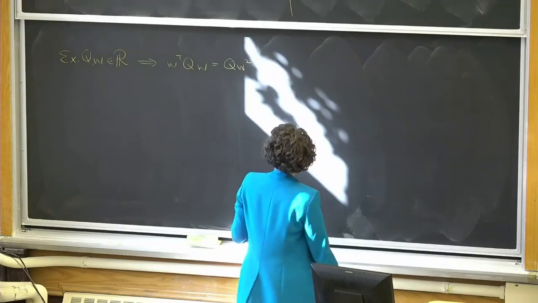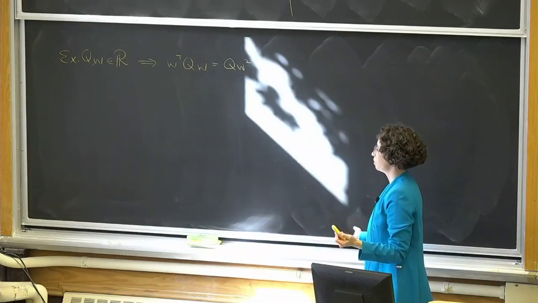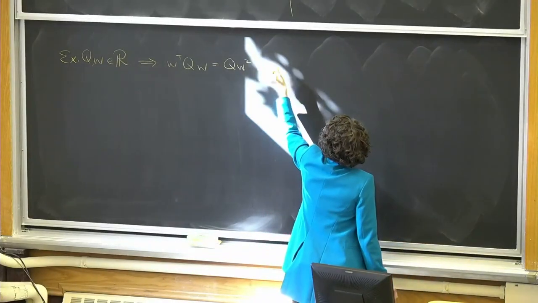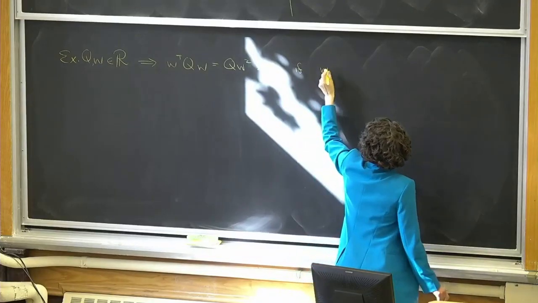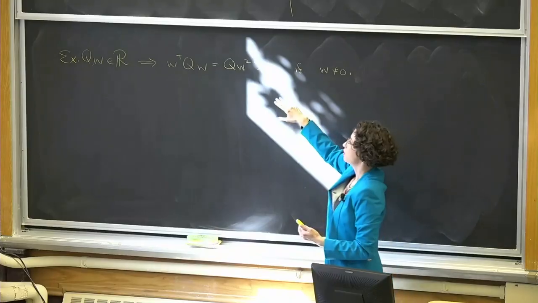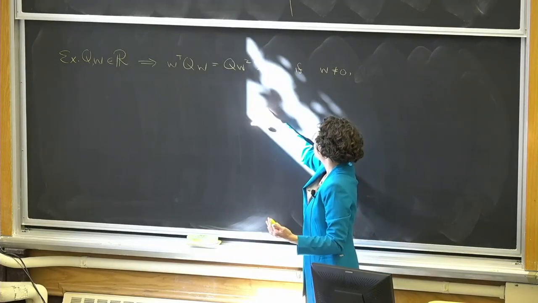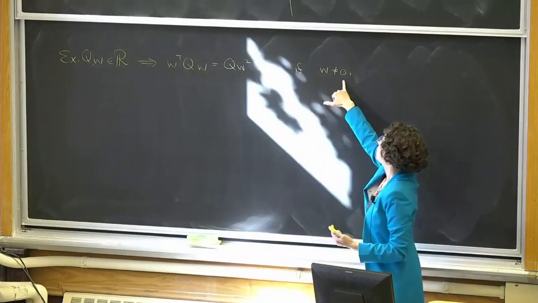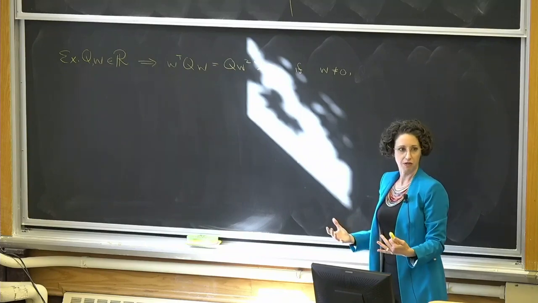And so the question is, when would QW squared be greater than 0? Well, W squared is always greater than 0 if W is not equal to 0. We want to know if Q is positive definite or not in this scalar toy setting. So we want to know when QW squared is greater than 0, assuming that W is not equal to 0. And so when will that happen? For what values of Q?